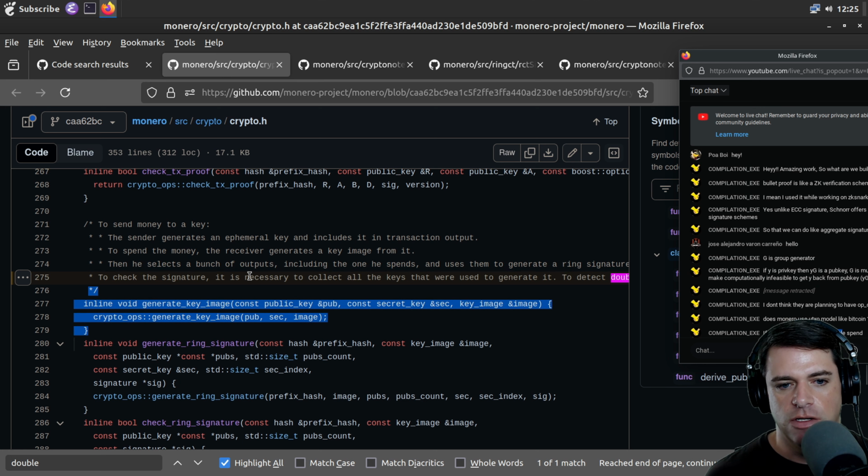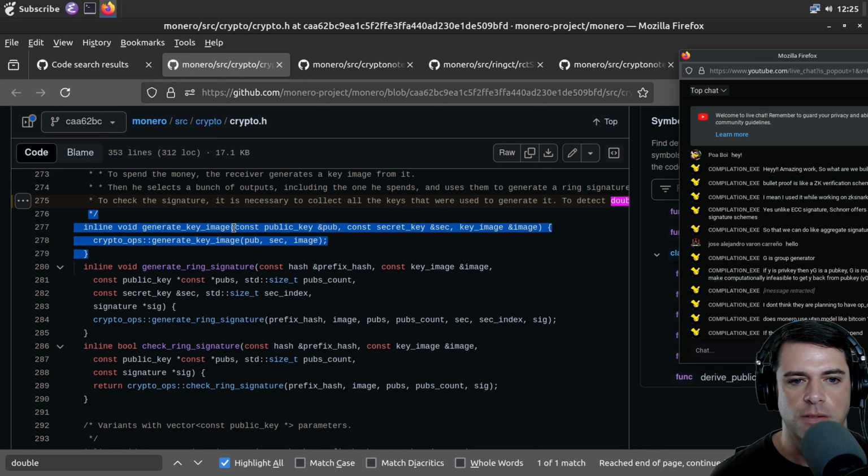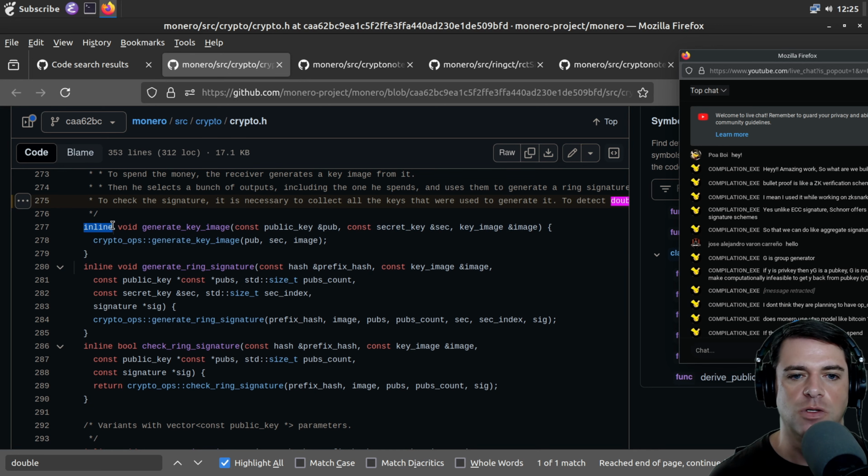And this is just a header, and this is just generate key image, which is inlined, I guess, because we use it a lot. We give it a public key and a secret key, which is probably the same as the private key, a reference to a key image, and I guess we call crypto ops generate key image.